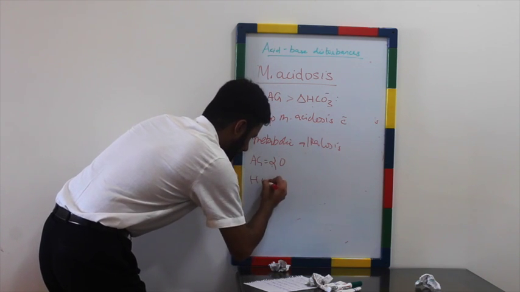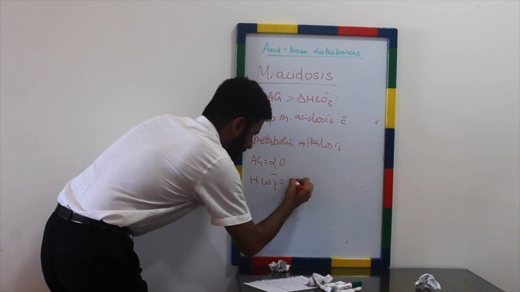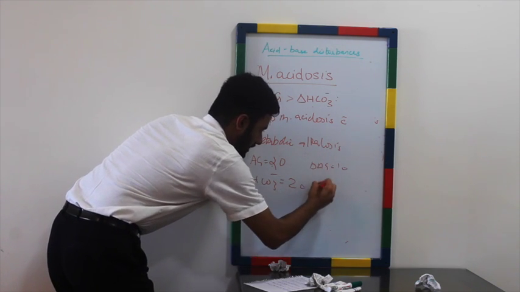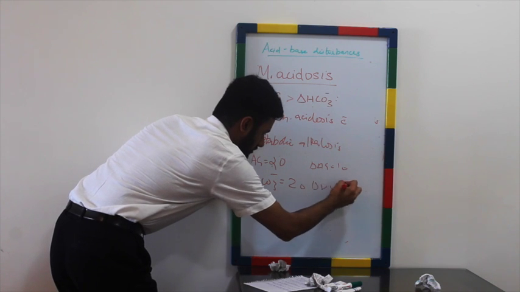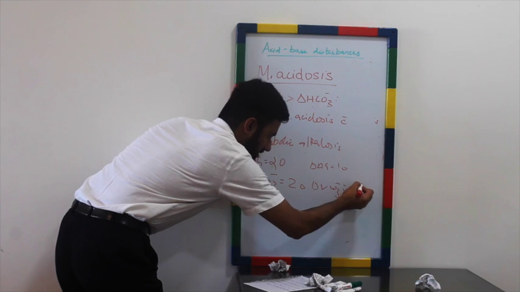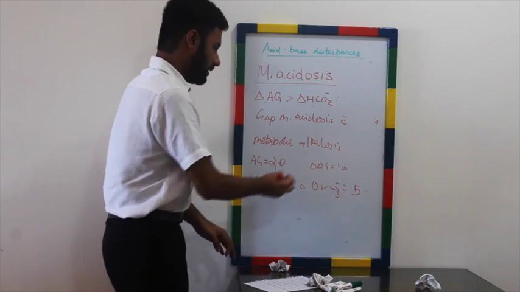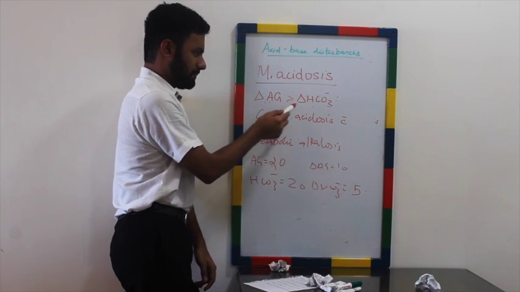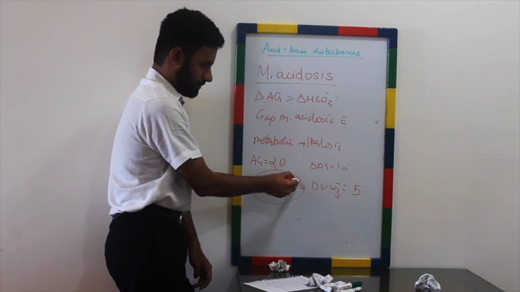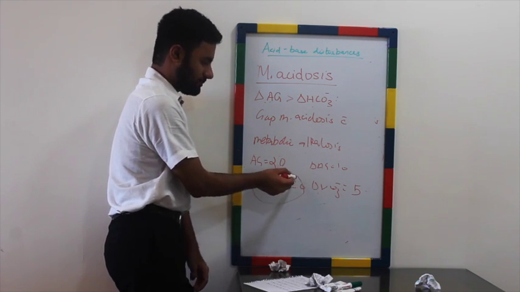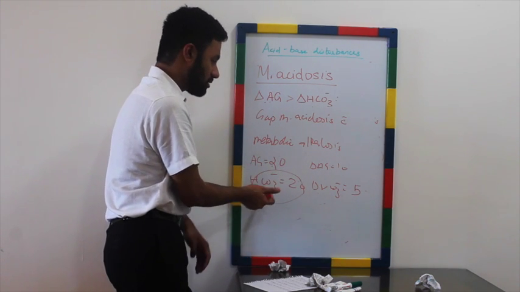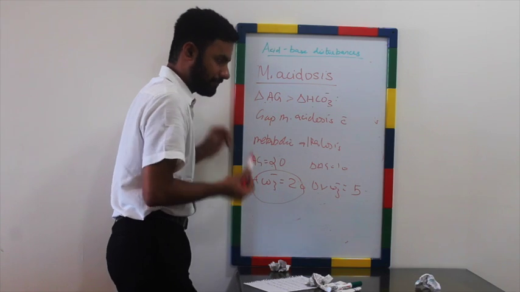The bicarbonate is also 20. The delta anion gap is 10. Delta bicarbonate is 25 minus 20, which is 5. Again, here you see the delta anion gap is greater than delta bicarbonate. The bicarbonate is 20, which means that something has caused it to increase. Some additional alkalosis has caused the bicarbonate to increase.